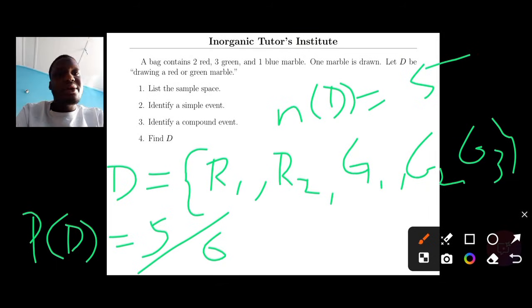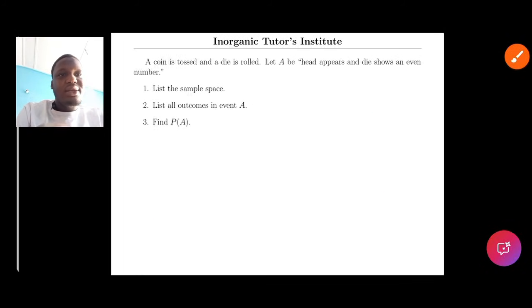So getting a red or green marble is 5 out of 6, with just one being blue. So if you want red or green, you have a 5/6 chance of getting that. Okay, so that's how to go about this one. Let's proceed to the next question.